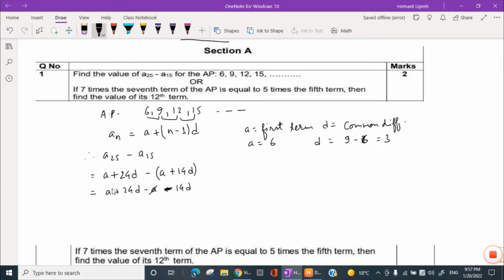So A and A gets cancelled. 24D minus 14D, it becomes 10D, and clearly we know the value of D is 3, so therefore आप देख रहे होंगे 30 is the answer of this question.